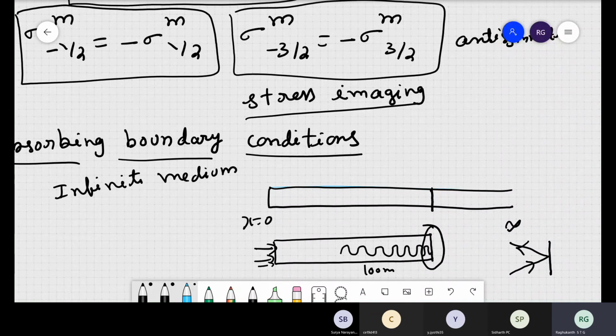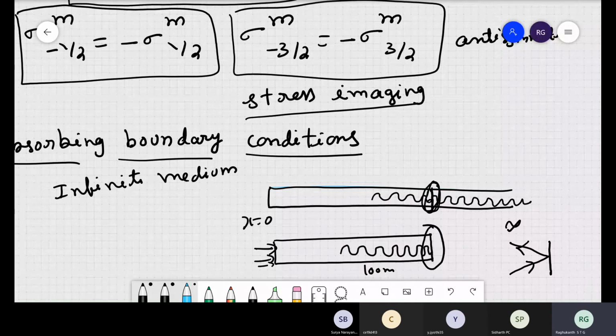But in reality, what happens at this junction? There is no boundary there, so the wave happily propagates like this. But since you have put up a boundary here, some portion gets reflected back, and a problem comes.